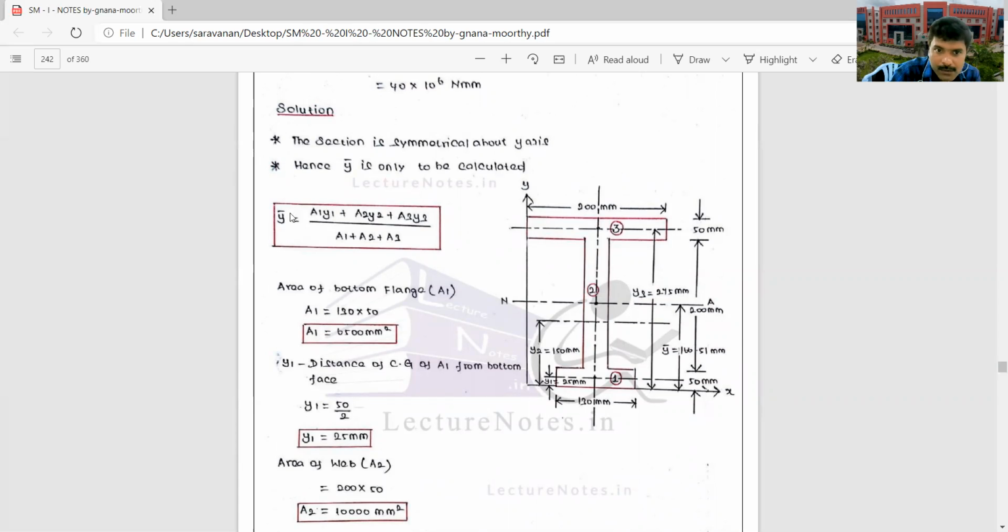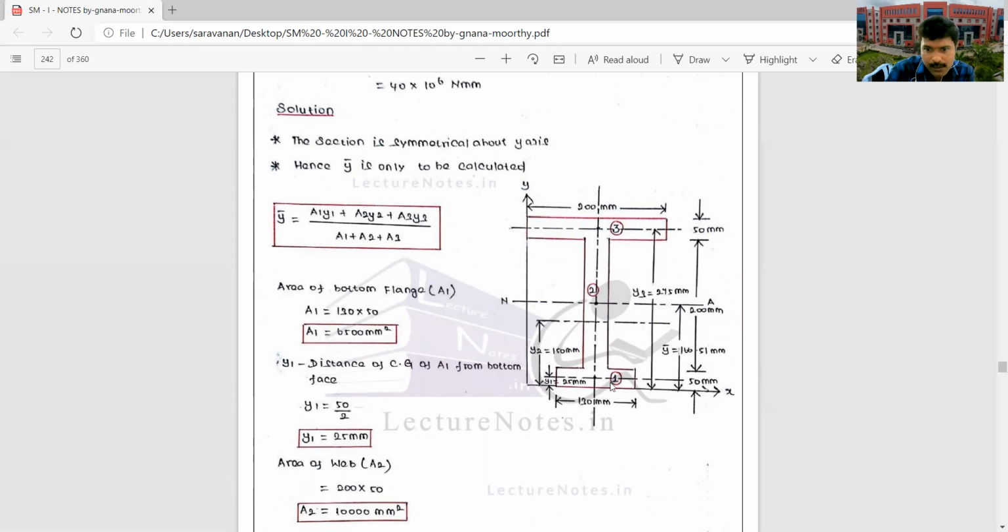Therefore, y bar equals A1 y1 plus A2 y2 plus A3 y3 divided by A1 plus A2 plus A3. You have studied this in engineering mechanics also.